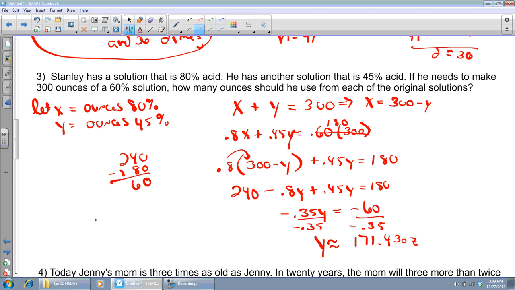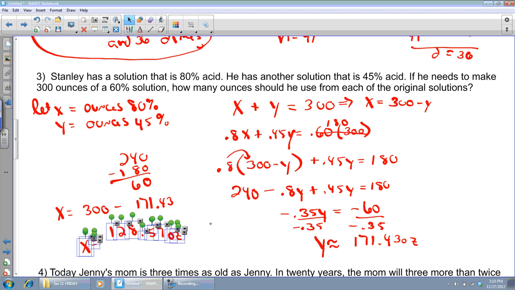And then X is going to equal 300 minus 171.43, which should come out to be 128.57 ounces. Okay, there you go. The chemistry problem is done.